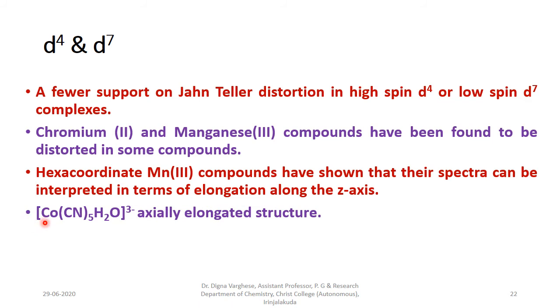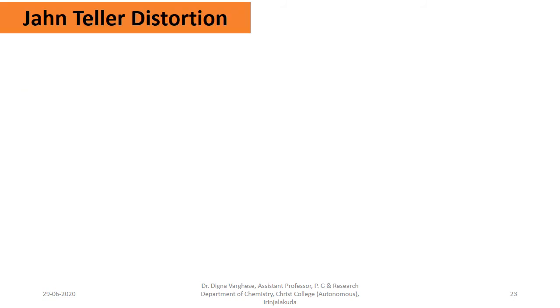The complex [Co(CN)5(H2O)]3- has an axially elongated structure. In these cases, the evidence for Jahn-Teller distortion is obtained first from electronic spectra, and second from EPR results.